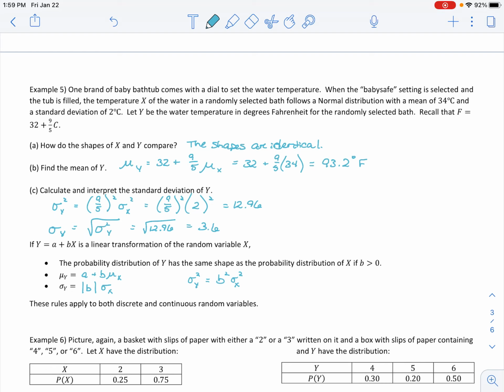I could have found this 3.6 just by taking 9/5 of the original standard deviation. So 9/5 times 2. Yep, I just wanted to confirm that. Technically, it's an absolute value because you theoretically could have a negative B value that you're multiplying by. I will give you only positive, so you don't need to fret about that. But I did want to talk about the variance being that term squared, and then the square root of that product.